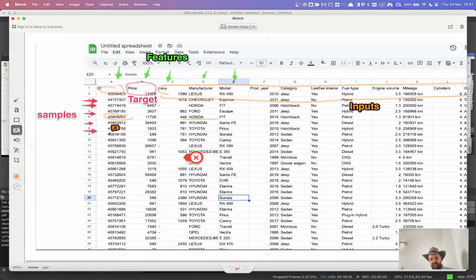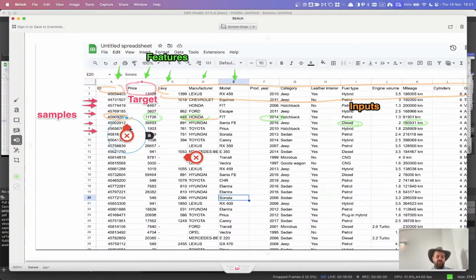It doesn't make sense at all. But what makes a lot of sense is the correlation of my car price with mileage, for example. How old is the car? How many kilometers has it driven? What is the brand of the car? What is the year of the car? What kind of engine does it have? All of these are very good features, but the first one, the ID, is a very bad feature.